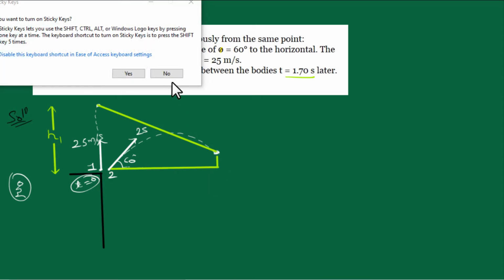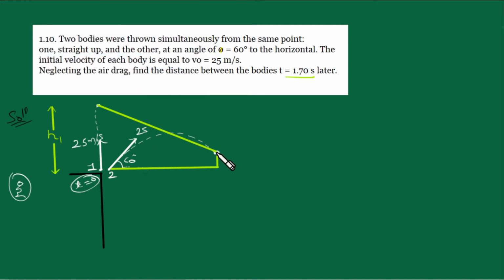This is how particle 2 also reached this point. This is the final point of the two particles. If I say this is the origin, then this will become x comma y, where this is x and this is going to be y.